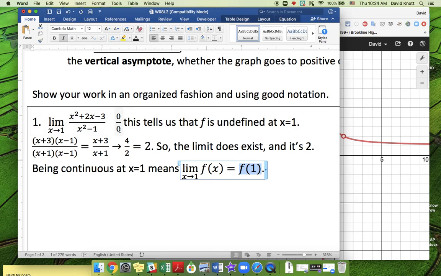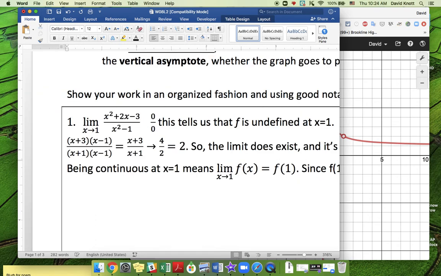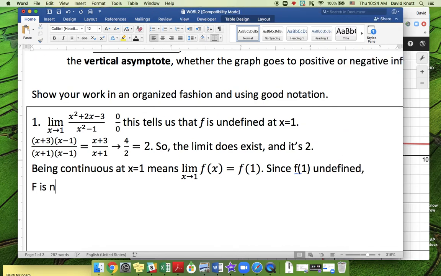So f is not defined at 1. Therefore, this expression is undefined, which means this equation cannot possibly be true, which means the function is not continuous at x equals 1. So since f of 1 is undefined, the function is not continuous at x equals 1. Okay?